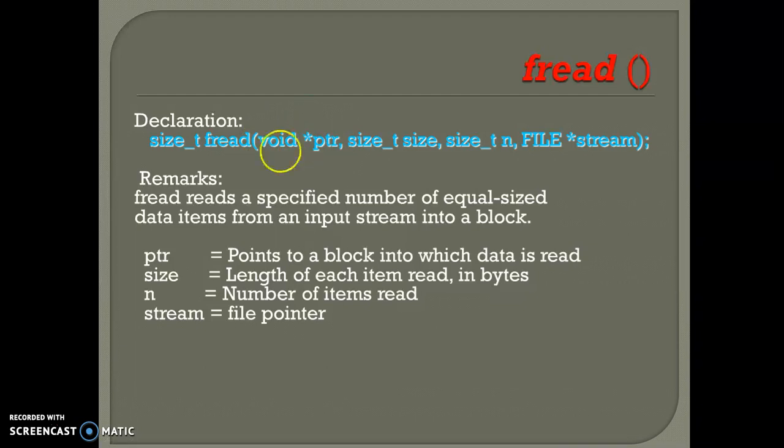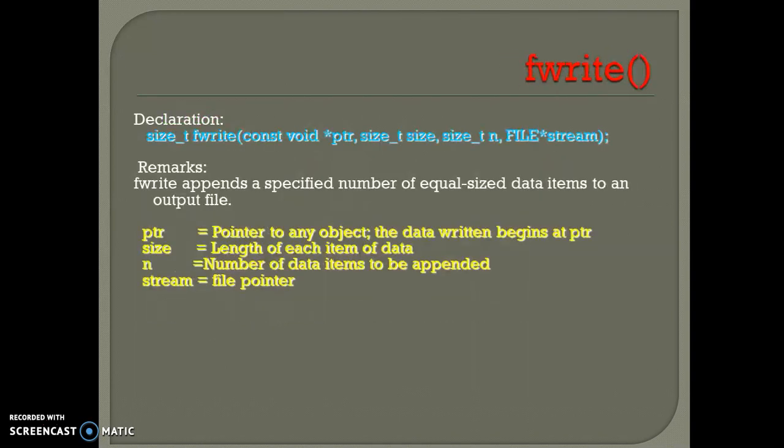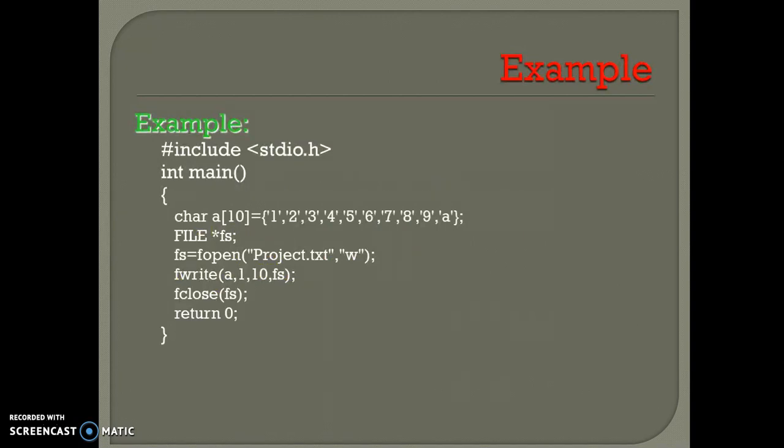The second is the size of each data or each record, and then how many data or records you want to write at a time. And this is the file pointer, the file from which I want to read or to which I want to write. The same syntax is used in fread and fwrite.